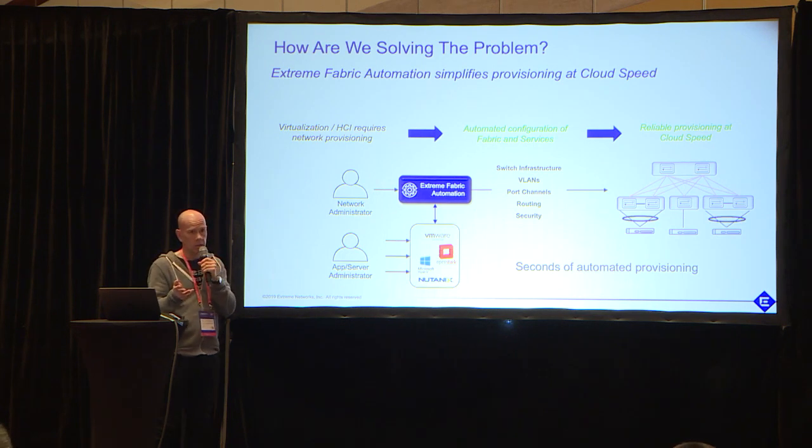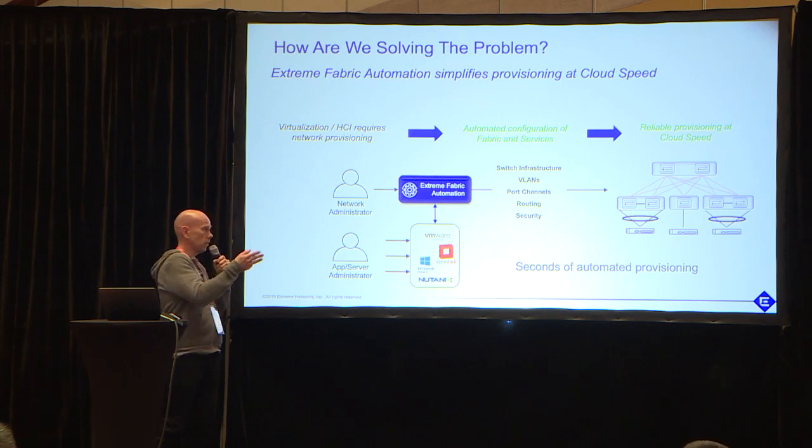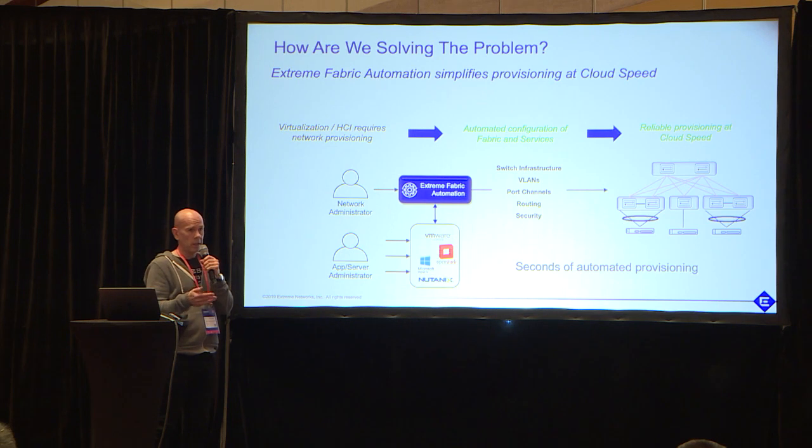That basically means you get rid of the human error possibility, because everything is automated, both from an infrastructure fabric point of view and from the tenant side and the virtualization platform side. So what this leads to is you go from days or weeks of provisioning to basically seconds of provisioning, due to the fact that everything is automated here.